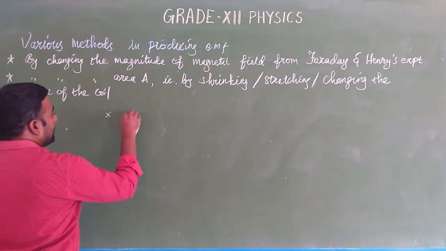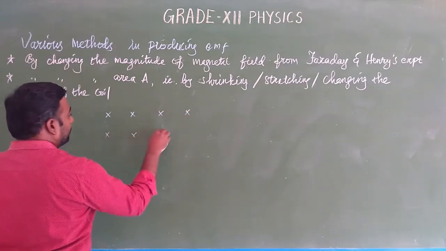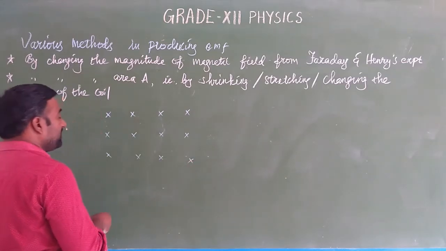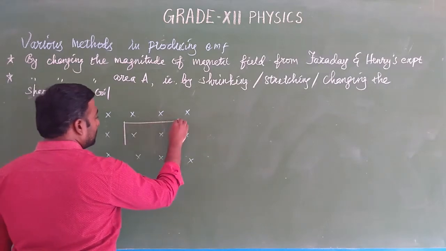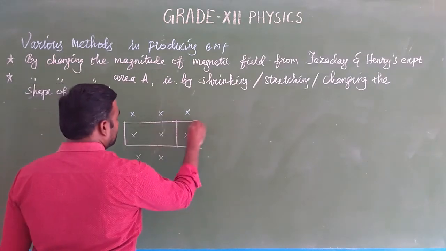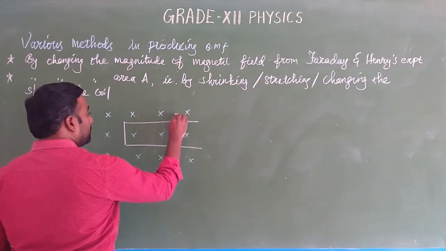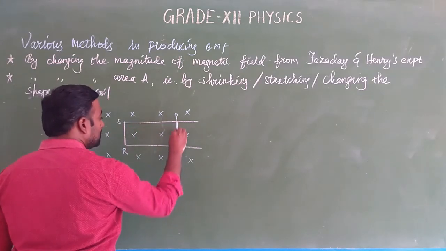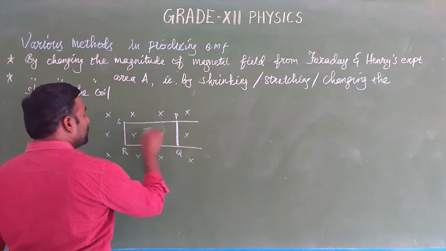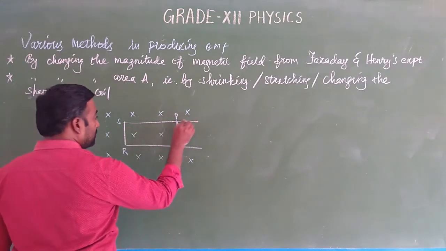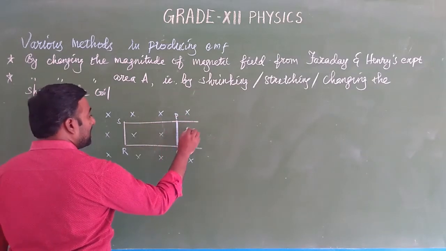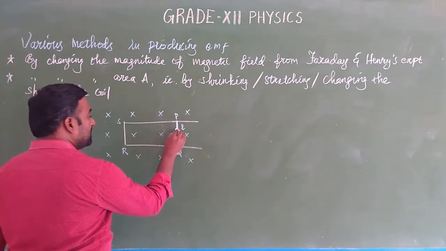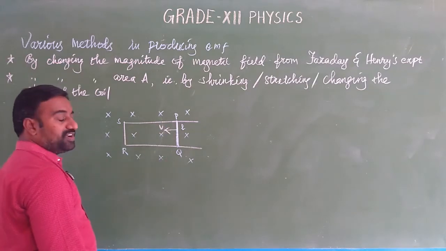We have a uniform magnetic field. This is a uniform magnetic field, a cross field. In this, we have a rectangular conductor PQRS. On this rectangular frame, PQ is movable, free to move to and fro on the frame, having length L. When this movable conductor moves perpendicular to the magnetic field, what happens?